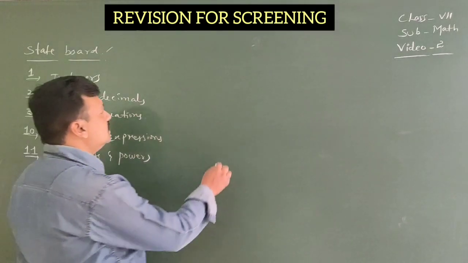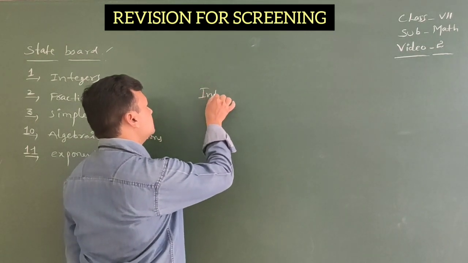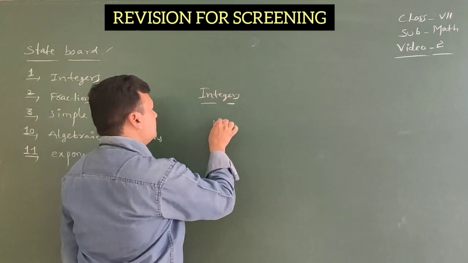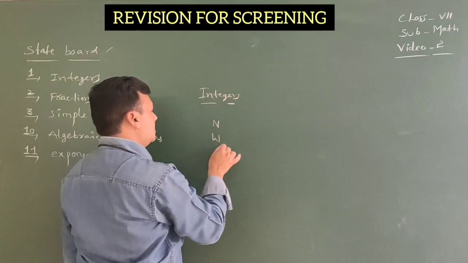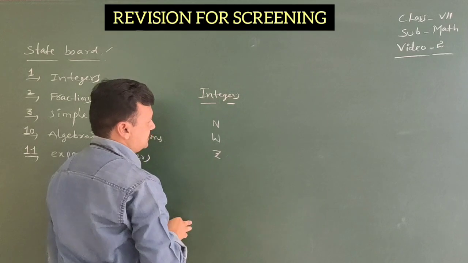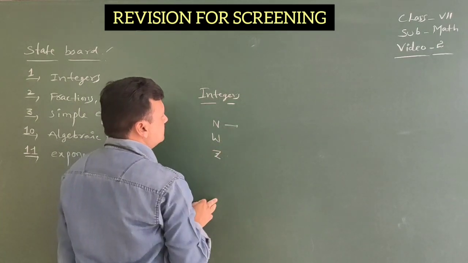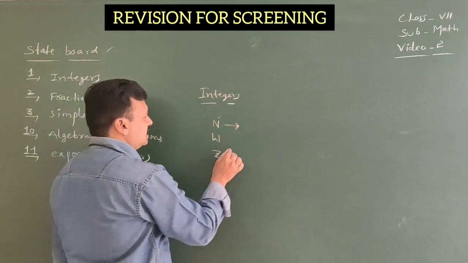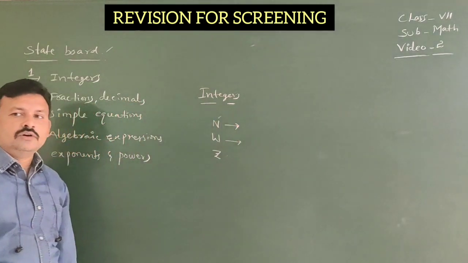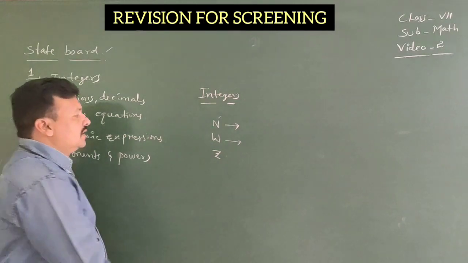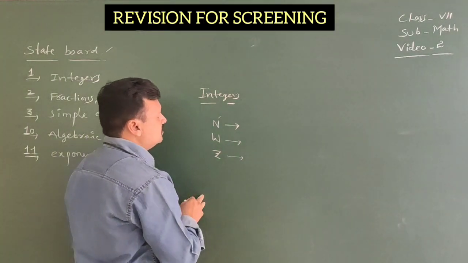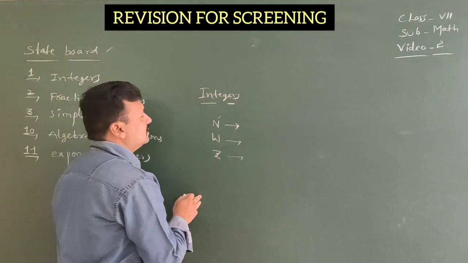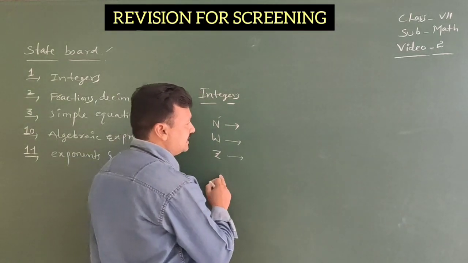First, integers. In integers, we have natural numbers, whole numbers, and integers. Natural means positive numbers. All positive numbers are called natural numbers. All positive numbers along with 0 are whole numbers. Positive numbers, 0, along with the negative numbers are called integers.